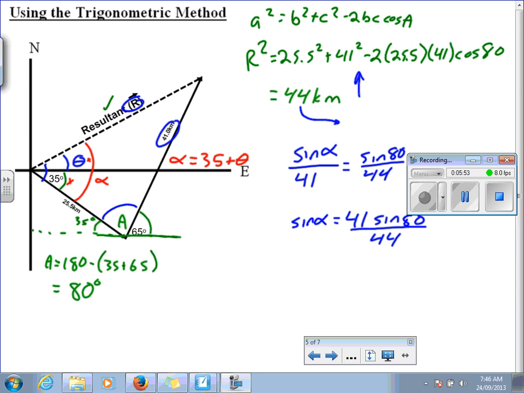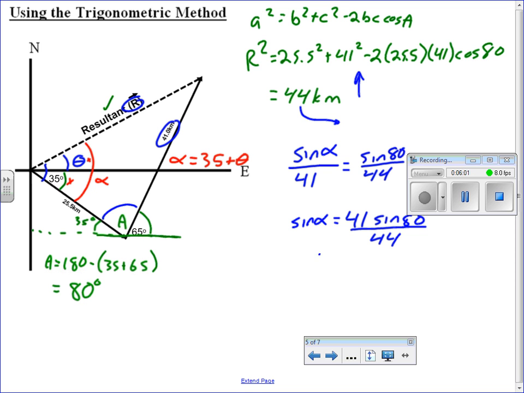Without punching it into a calculator, since I didn't have one with me for this lesson, when you solve for alpha, I believe you get around 65.5 degrees. I know I just said 3 numbers there. I'm sticking with this one.